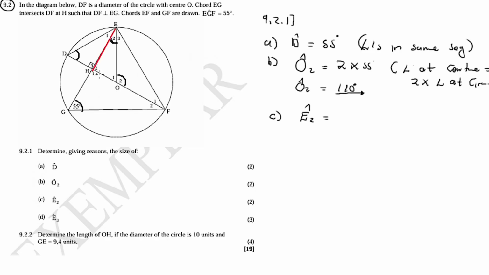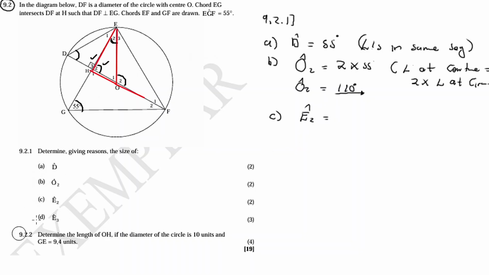Look here. This is a triangle, and O2 is an exterior angle of triangle EHO. Here I have 90 degrees. This H2 is also 90 degrees. How do we calculate E2?